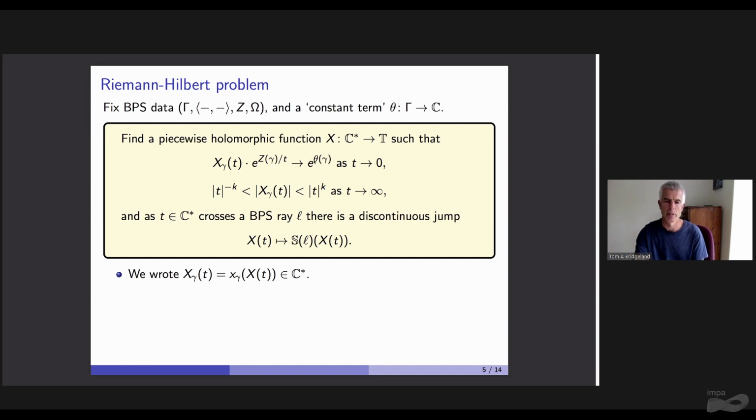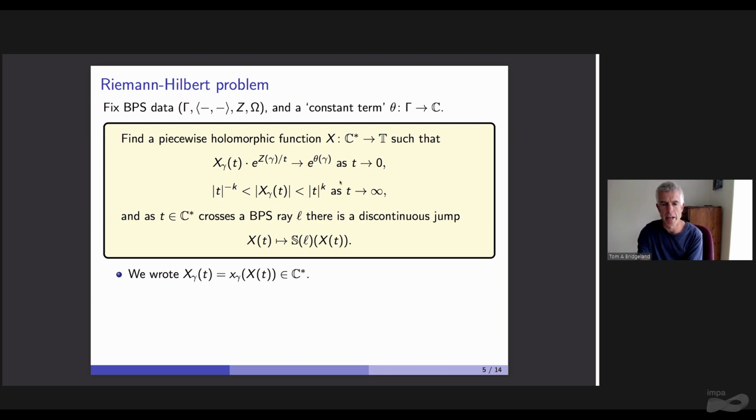And also this constant term, which is where this theta is coming from. That's as T goes to 0. And as T tends to infinity, of course, this K would have to depend on gamma. But basically there is some polynomial growth as T goes to infinity.